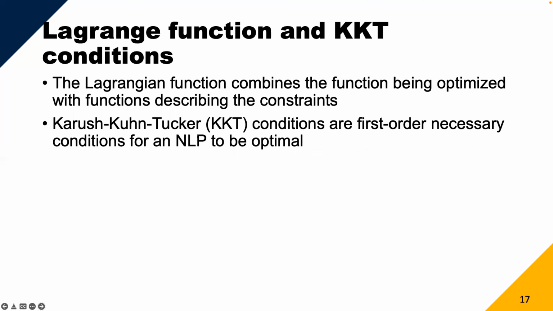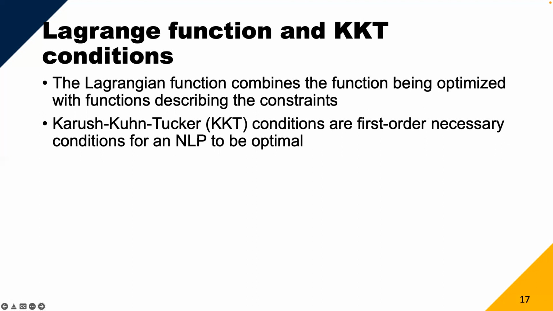Okay, so one of the ways this can be solved, and this is really common in econ and equilibrium types of functions, as a practical application, is a Lagrange function and KKT conditions. This combines the function being optimized with the functions describing the constraints.